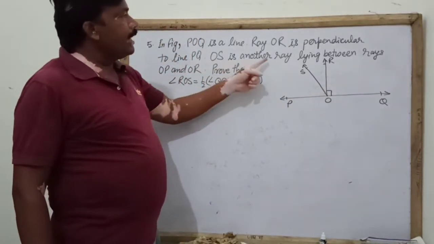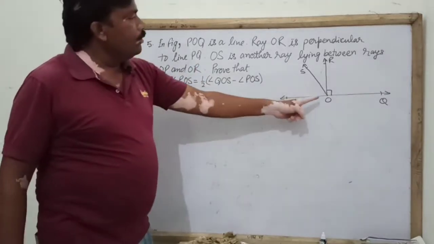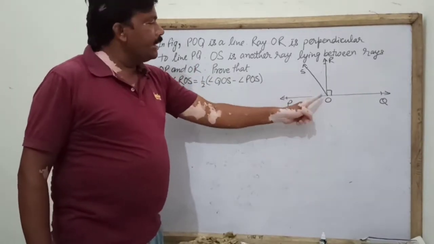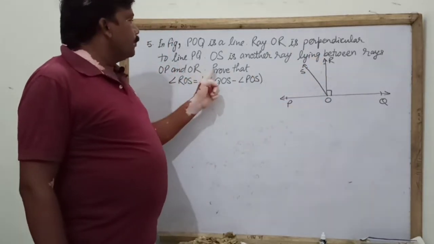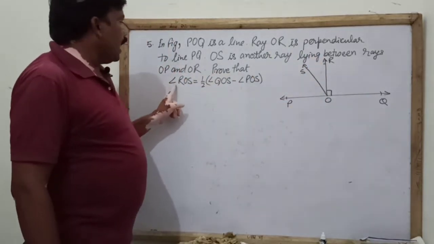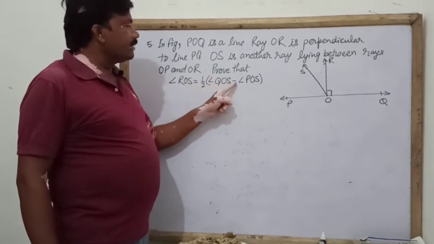And OS is another ray lying between rays OP and OR. Then prove that angle ROS equal half of angle QOS minus angle POS.